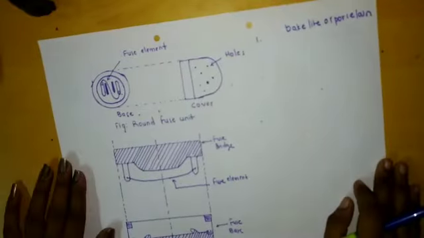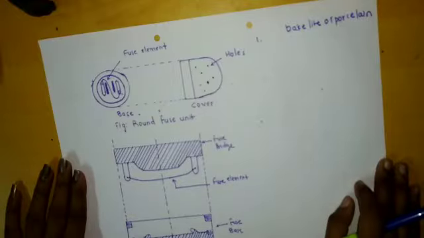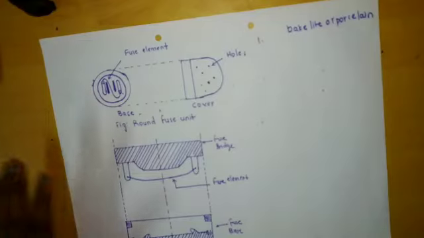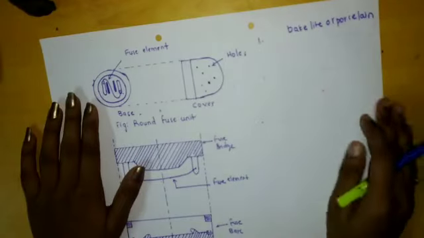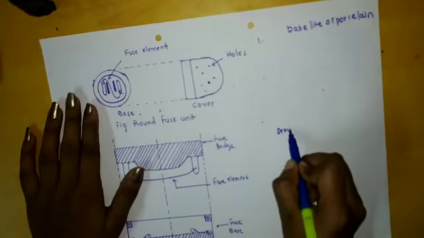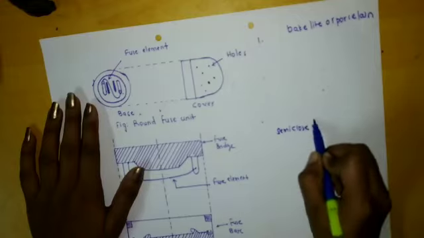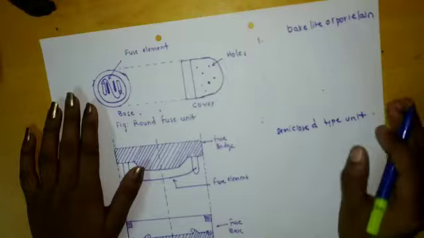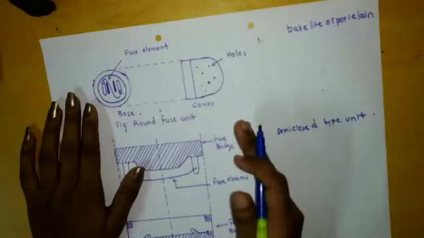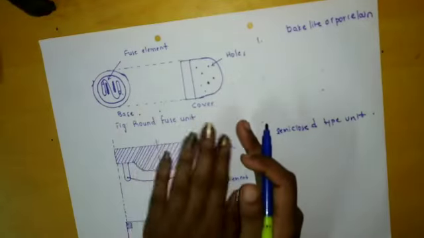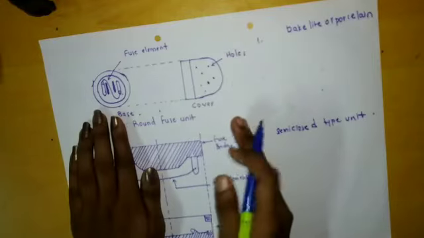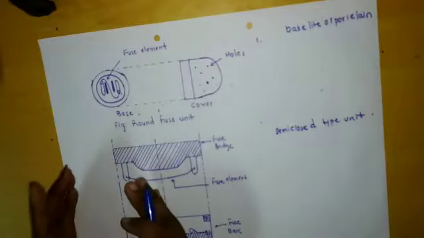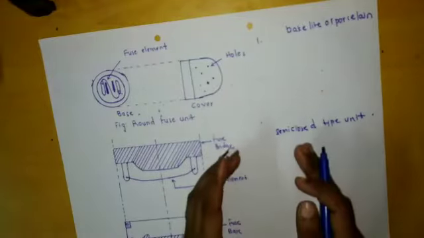So now moving to the KitKat rewirable fuse unit. This is a semi-closed type unit. That means it is neither kept in free air, not completely outside in the air, nor is it completely closed.